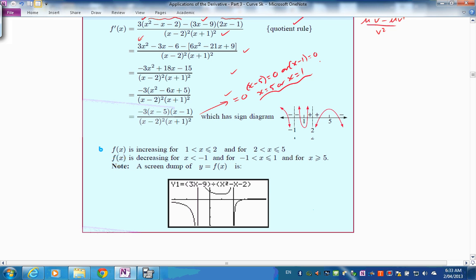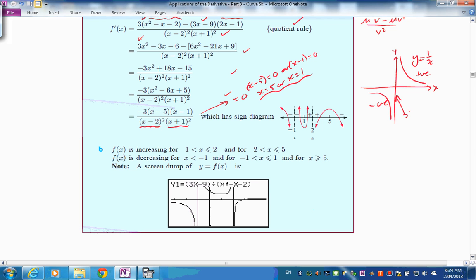There's an important point here with a sign diagram for a rational function, and that is, see them down here, they are going to give you vertical asymptotes, and just remember the parent of these rational functions is 1 on x. Okay, let's call it y equals 1 on x, and it goes from being positive above the axis and negative here without actually crossing the axis at its asymptote.